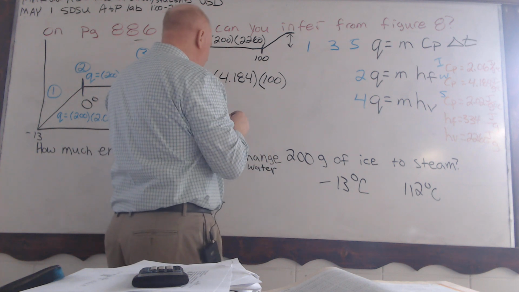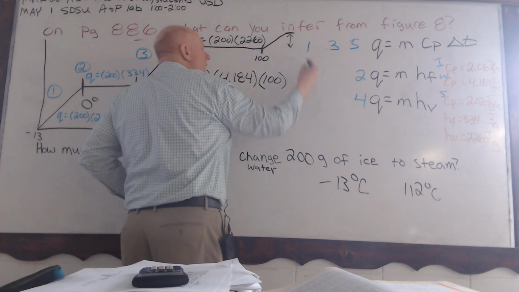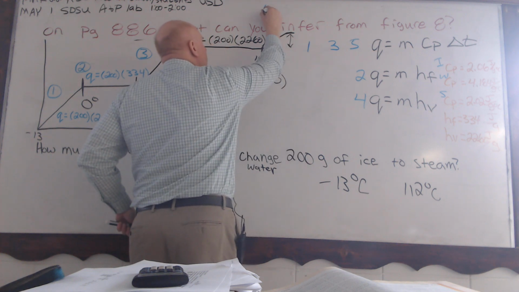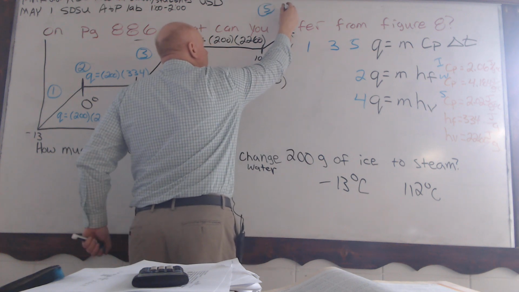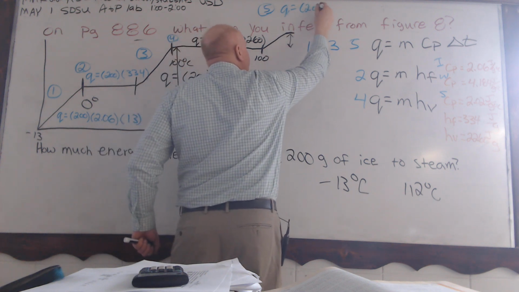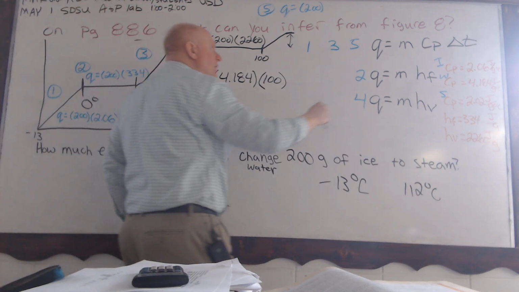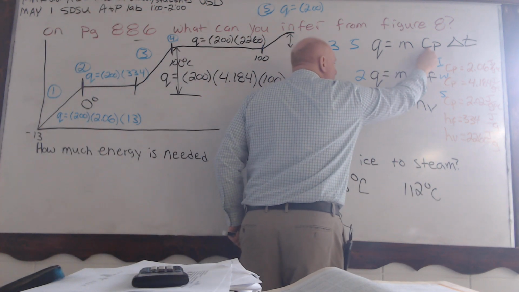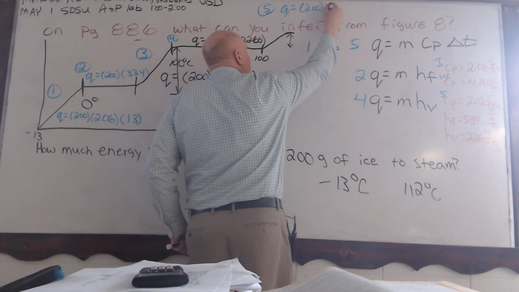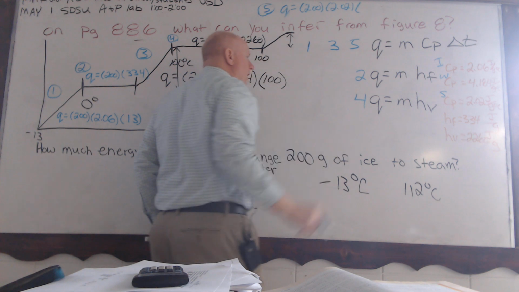So for our fifth and final step, the mass has not changed. Q equals 200. What is steam's specific heat, which is this variable? 2.02. And then what was your temperature range?